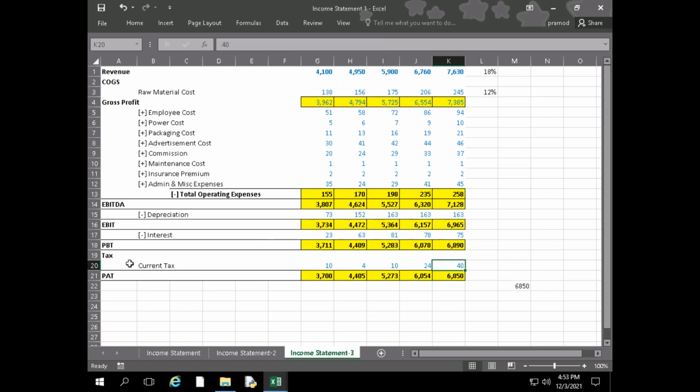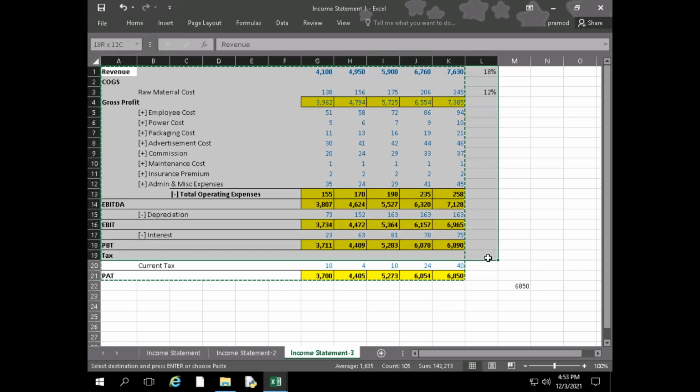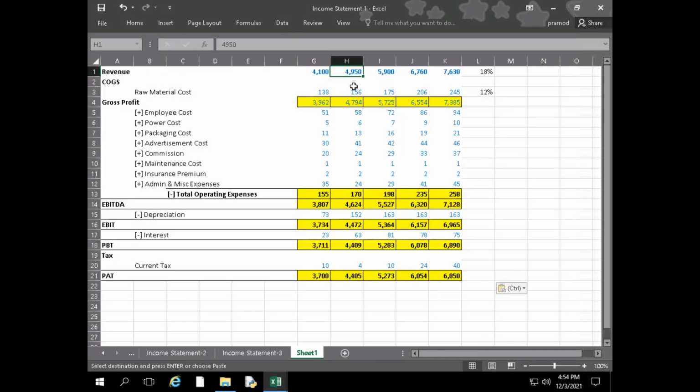Everyone have done this one. You copy the whole data. Insert a sheet, then remove this data, increase it by 8% and 12% for revenue and COGS.